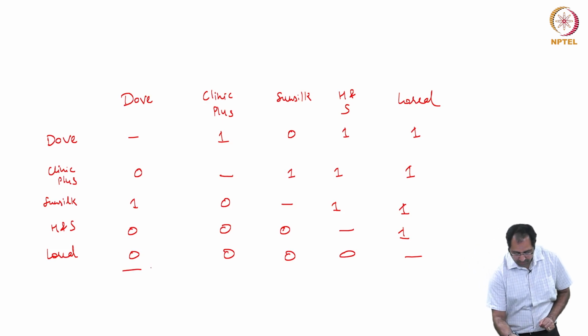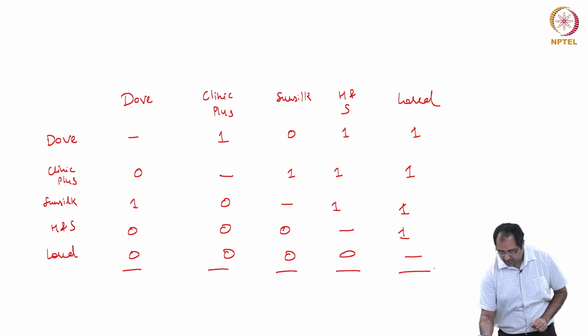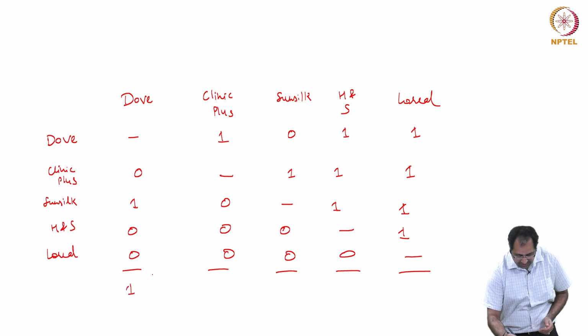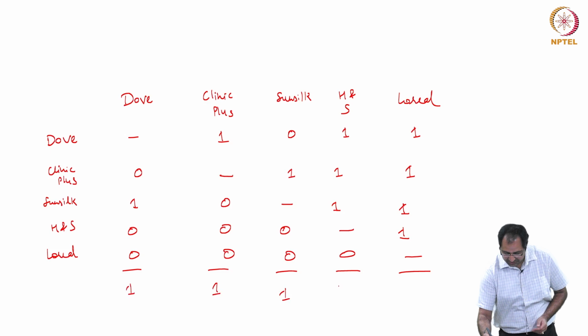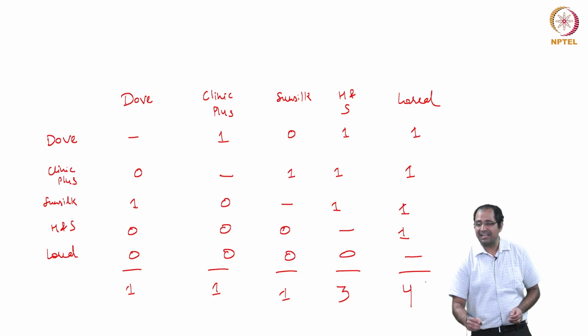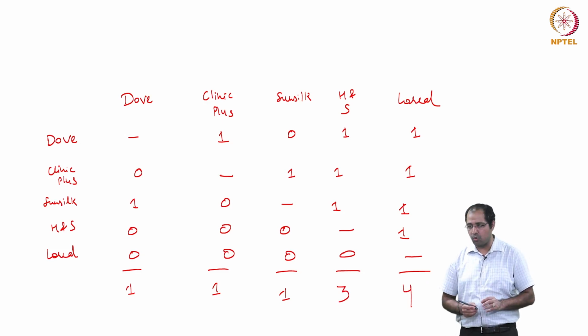Now if you add the scores column wise, this is 1, this is 1, this is 1, this is 3 and this is 4. Which means rank 1 is the one with the greatest score.